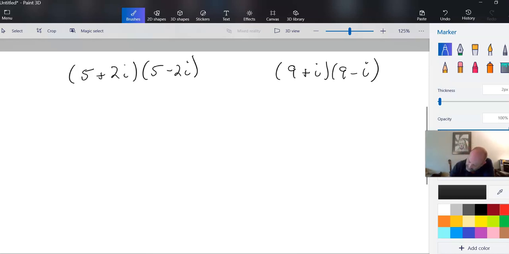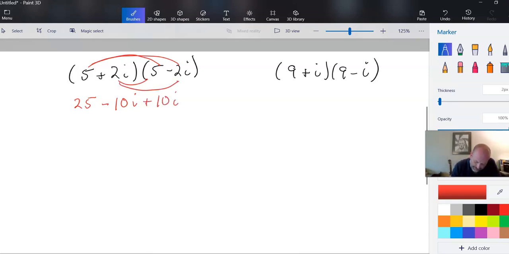Okay, I'm assuming you've paused it now. So let's take a look. So again, we're going to FOIL this whole thing out. All right, 5 times 5 is 25. 5 times minus 2i is minus 10i. Let's see, 2i times 5 is plus 10i.